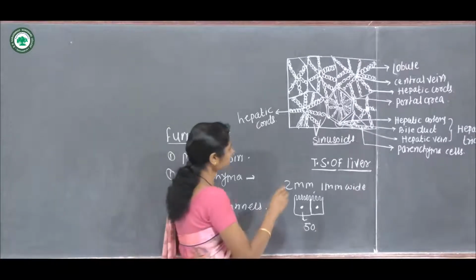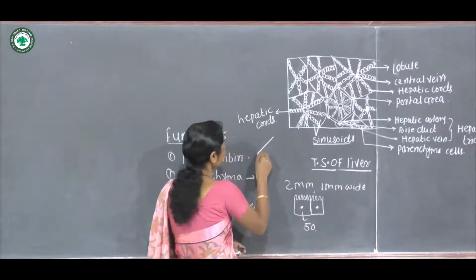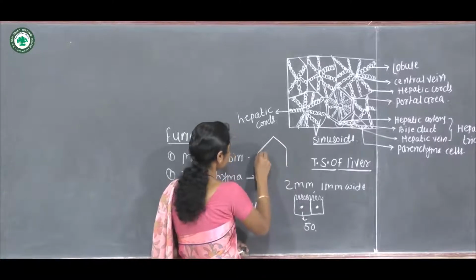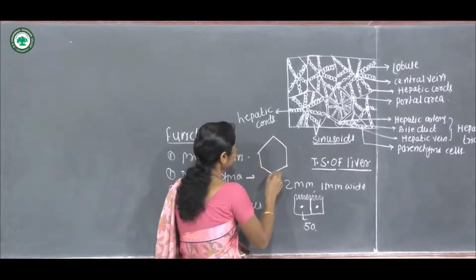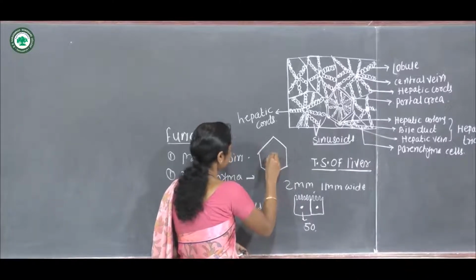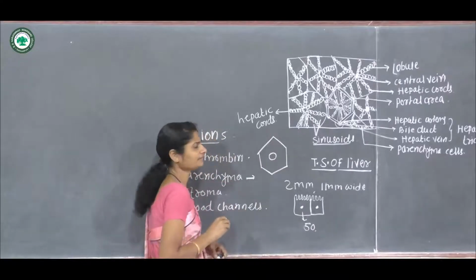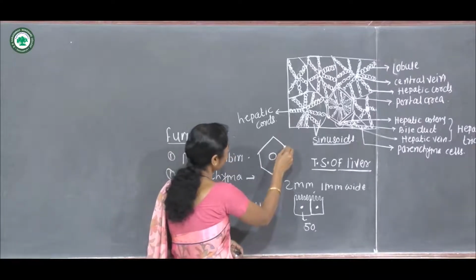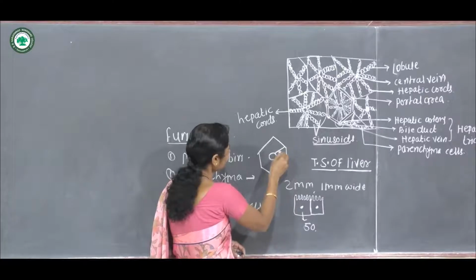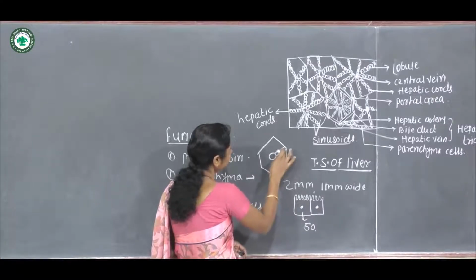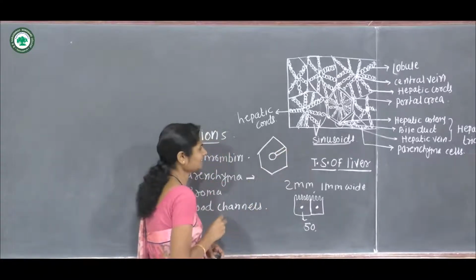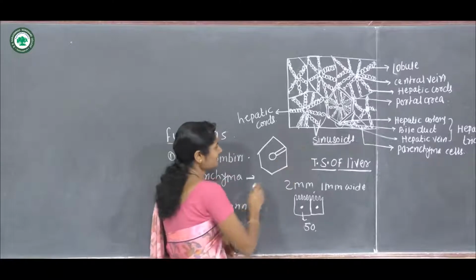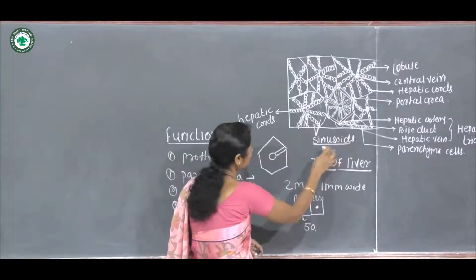In this hexagonal lobule, the central vein is present, and from the portal area a space is present, called the sinusoid.